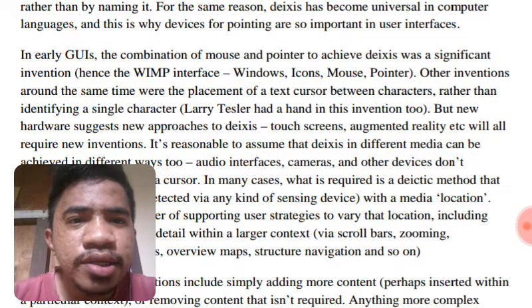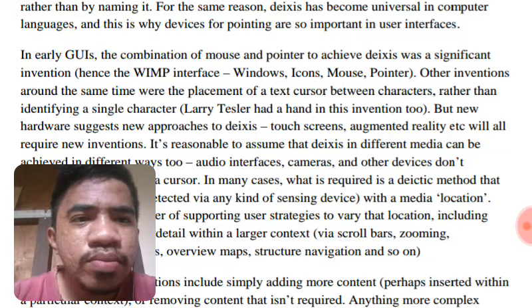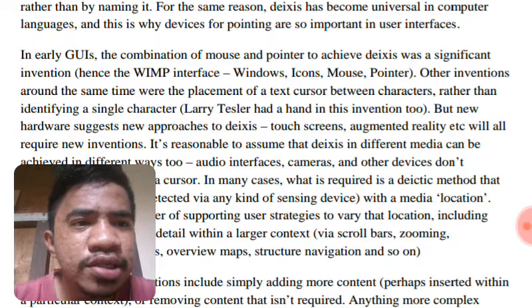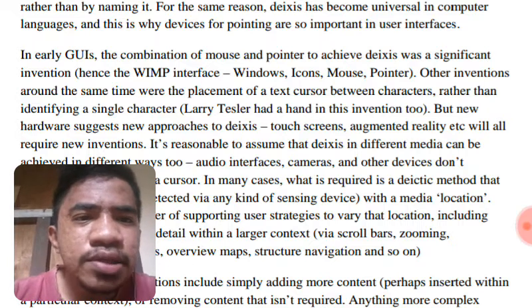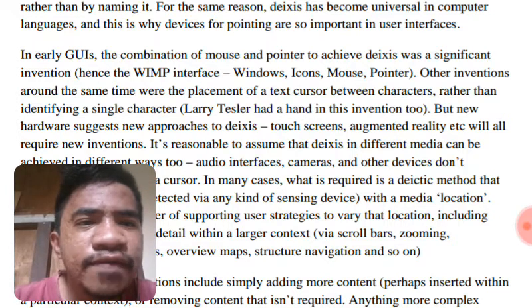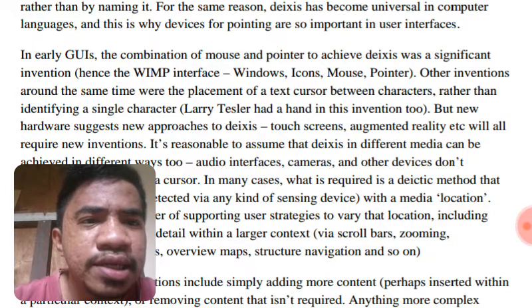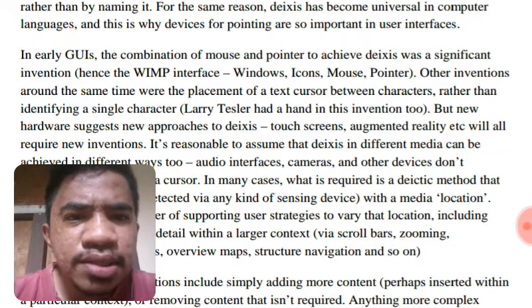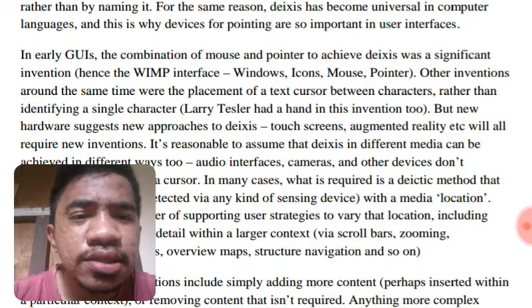In early GUIs, the combination of mouse and pointer to achieve deixis was a significant invention. Hence the WIMP interface: windows, icons, mouse, pointer. Other inventions around the same time were the placement of the text cursor between characters rather than identifying a single character.